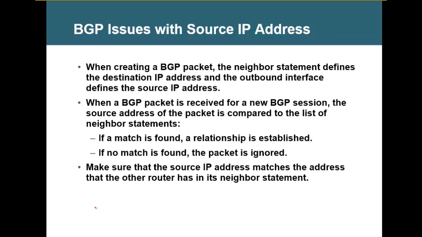The source address of the packet will be compared with the list of neighbors. If the neighbor address and the source IP address match, the relationship is going to be established. If no match is found, the packet is ignored.